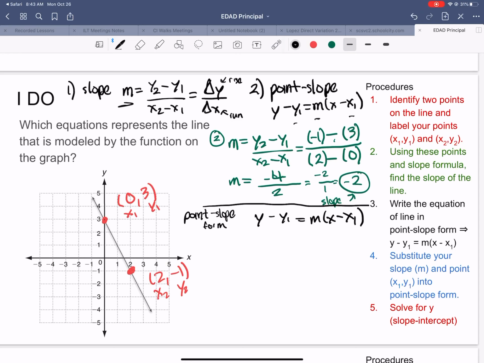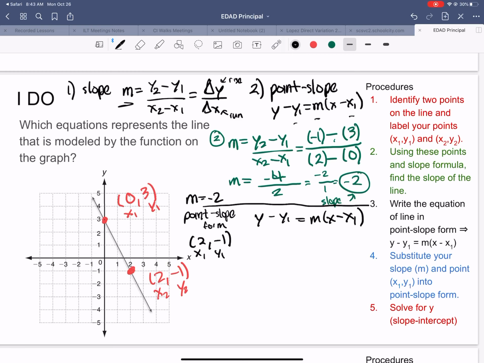Now, normally I would tell you to go with the point that you already have labeled x1, y1, but for the sake of this video, that point will make the equation too easy. So that's a hint for your future, but I'm going to go ahead and use the point (2, -1), and I'm going to relabel it x1, y1 for the sake of this formula. And I know my slope is negative 2.